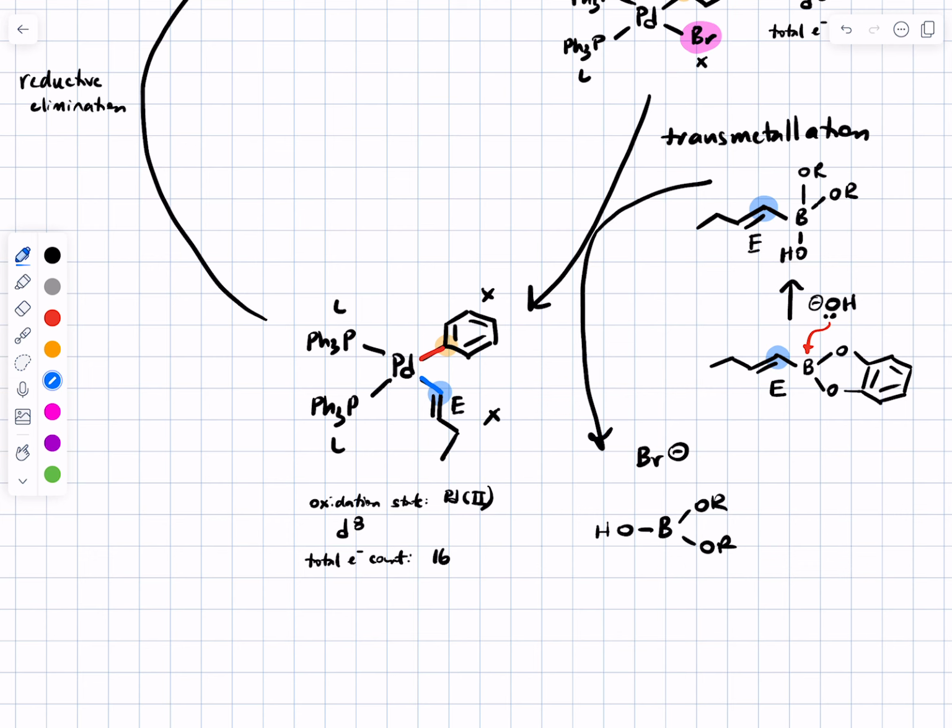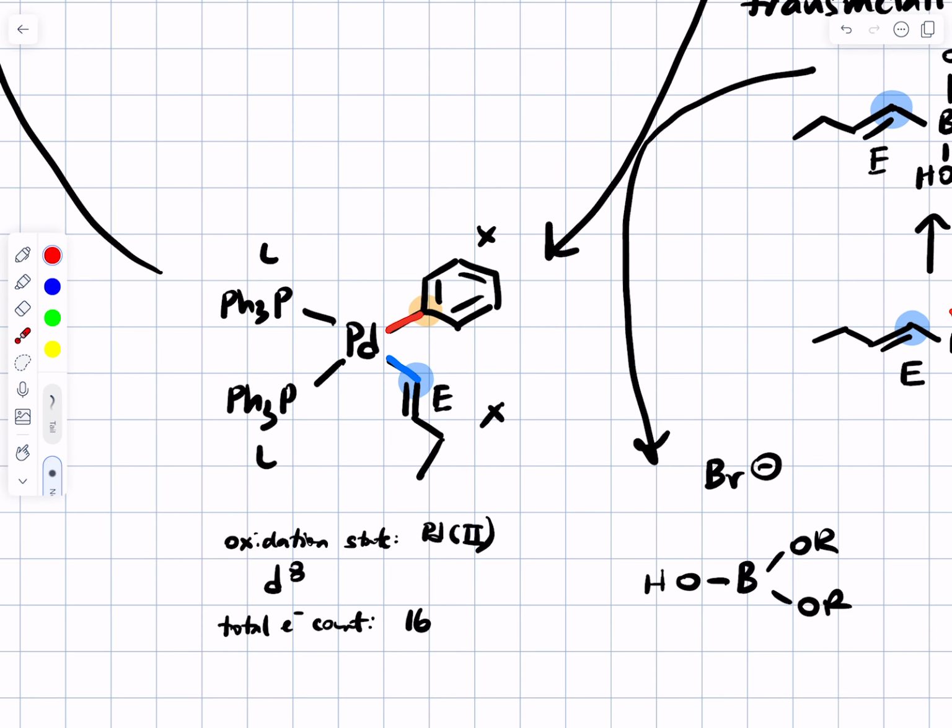And we're going to make a new carbon-carbon bond between the aryl orange carbon and the blue vinyl carbon with one of those two pairs of electrons highlighted in blue and red respectively, and then the other pair is going to go back onto palladium. If you insisted on pushing arrows, you could do so like this, but it would also be just as fine to push arrows like this.